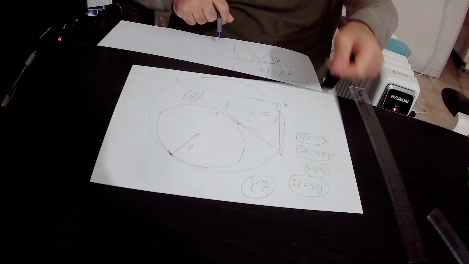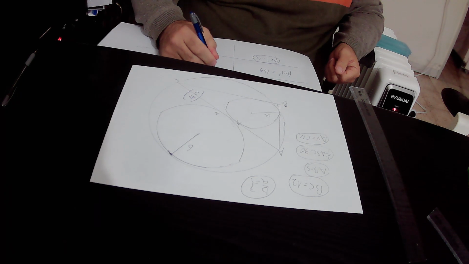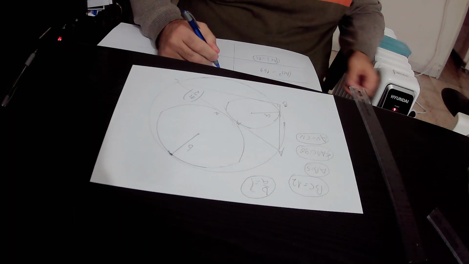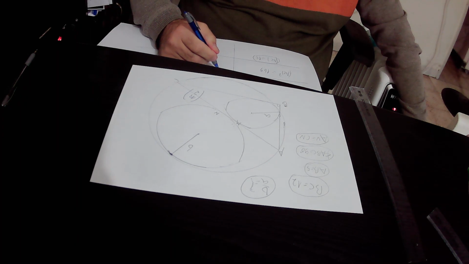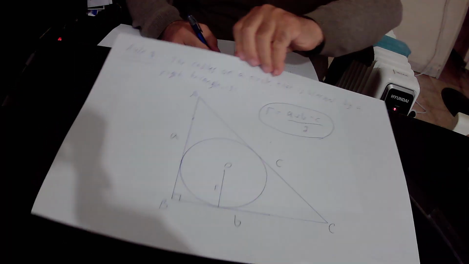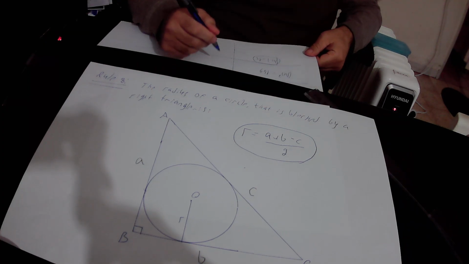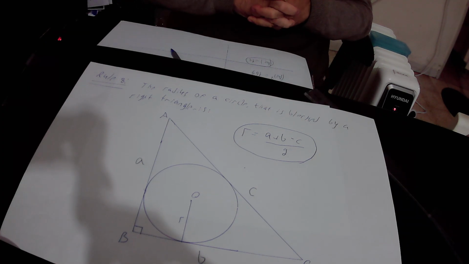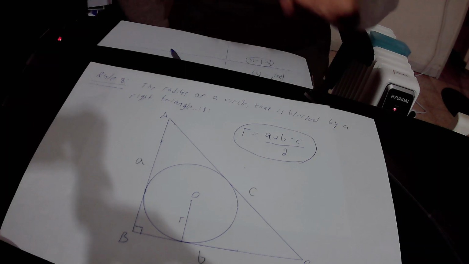So in the next step, I will present to you new rule number 8, and we will implement rule number 8 in our drawing. According to rule number 8, the radius of a circle that is blocked by a right triangle is R equals A plus B minus C over 2.